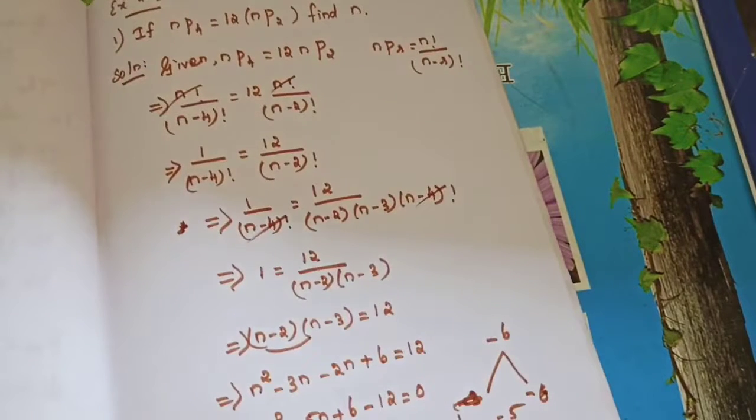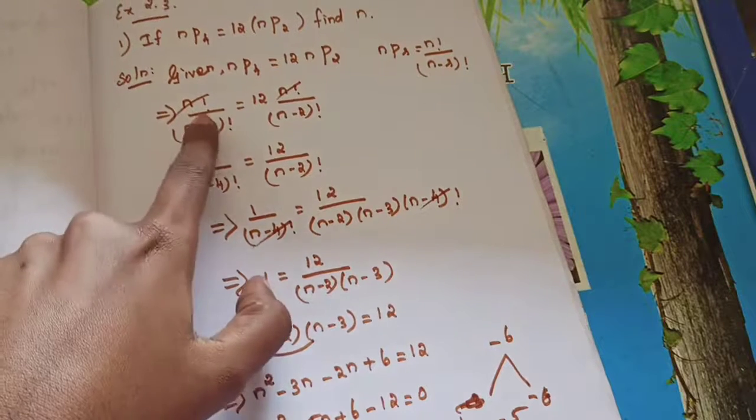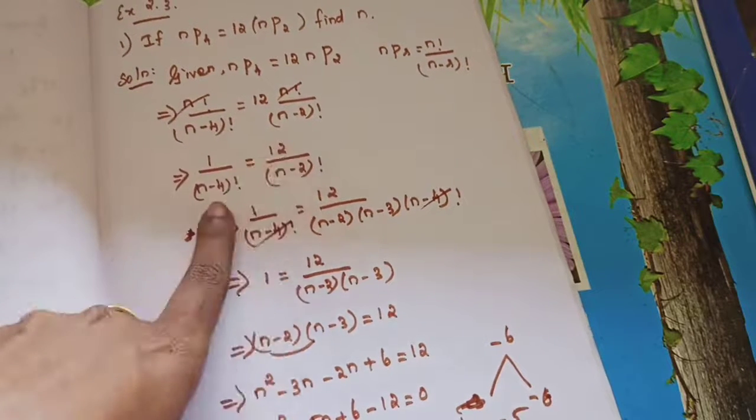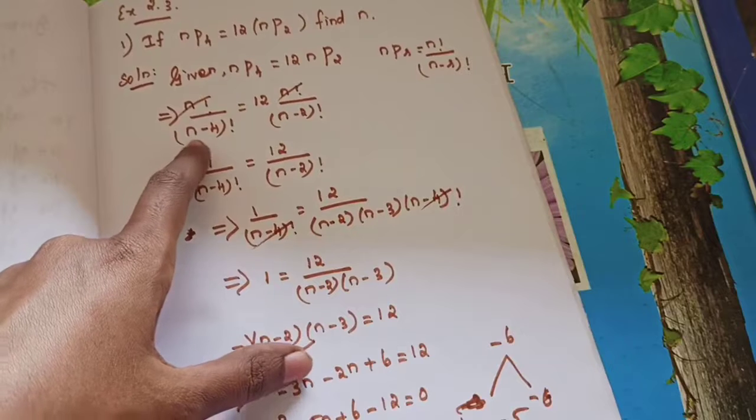So what will you do? First I wrote the given. Next, nP4 means n factorial divided by n minus 4 the whole factorial equals 12 into n factorial divided by n minus 2 factorial. Next we cancel this n factorial and n factorial. Then I need to write this n minus 4 factorial.